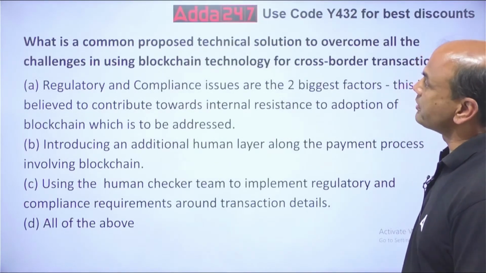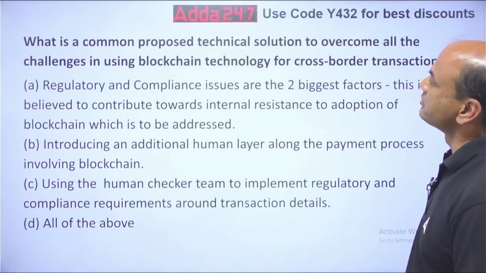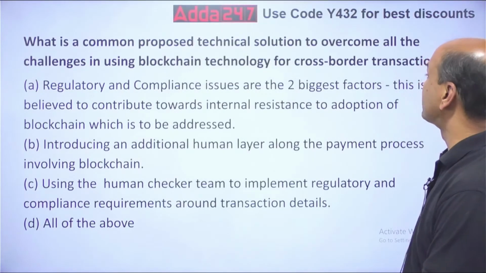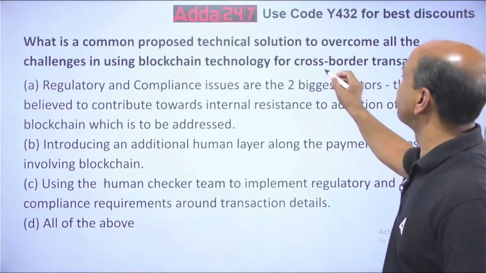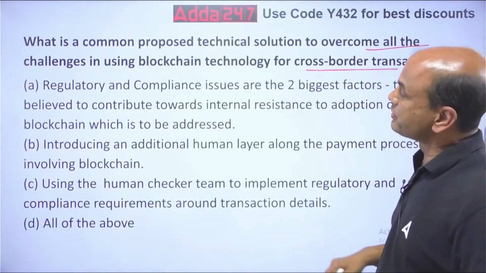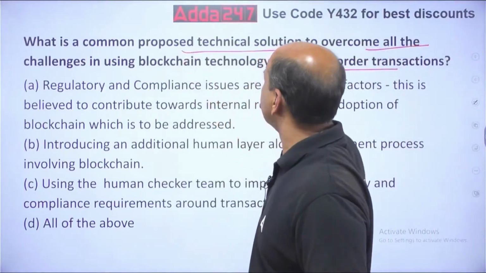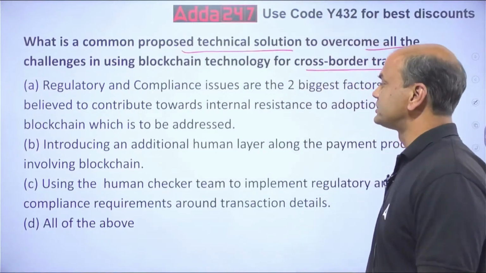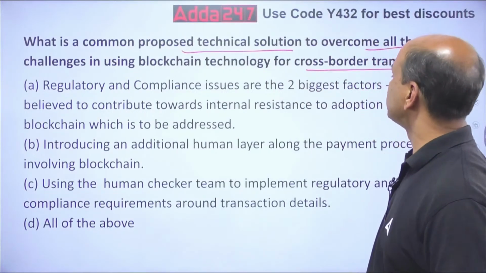What is the common proposed technical solution to overcome all the challenges in using blockchain technology for cross-border transactions? So, overcome all the challenges, proposed technical solution. Regulatory and compliance issues are the two biggest factors.